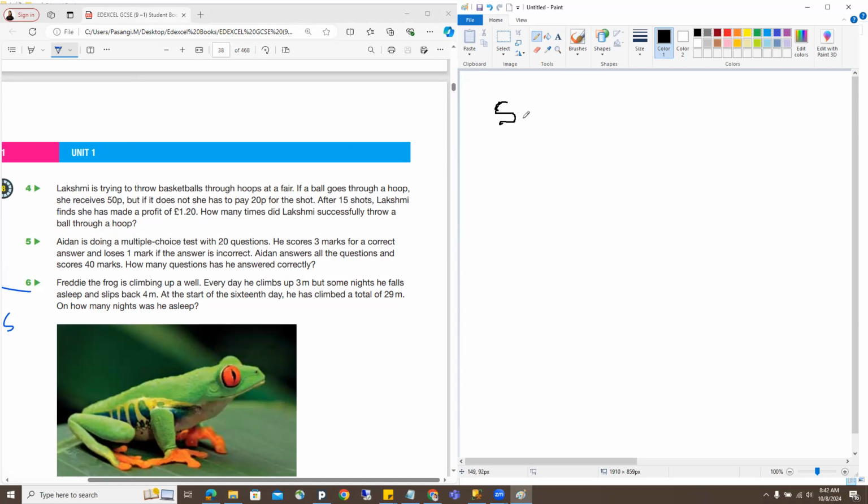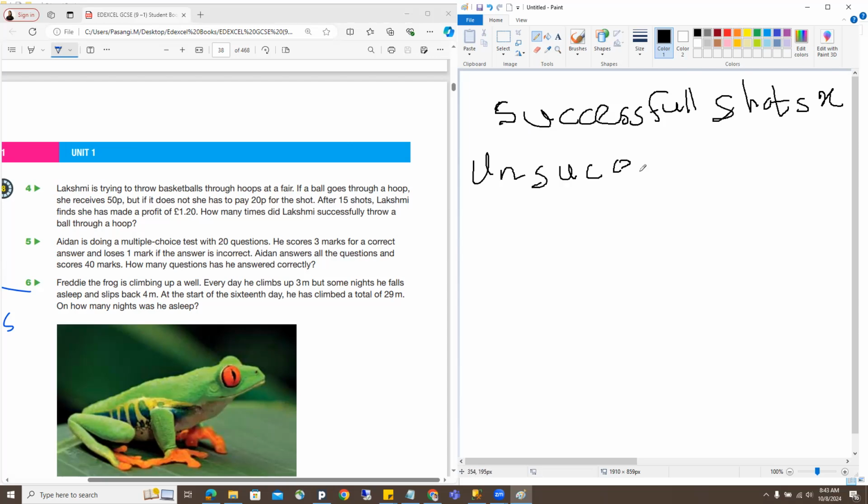How many times was it successful? If the successful shots are x, then the unsuccessful shots would be 15 minus x. Is it clear? Because the total shots will be 15.